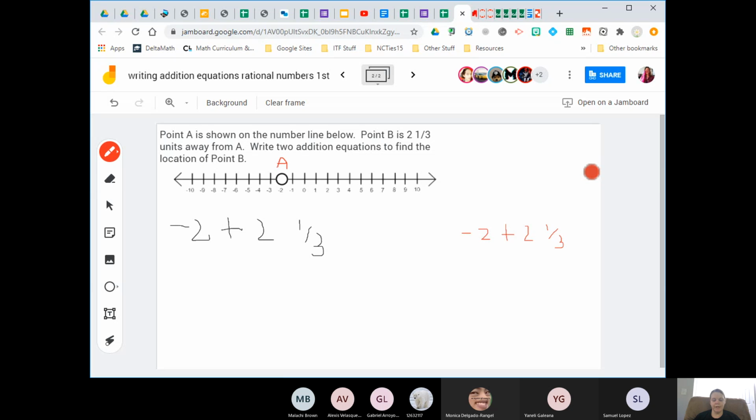All right, so I'm seeing one equation would be -2 plus 2 1/3. What would the other?